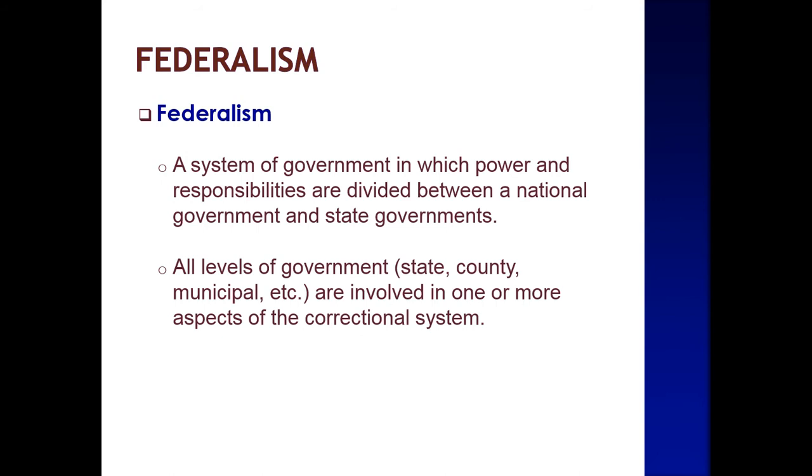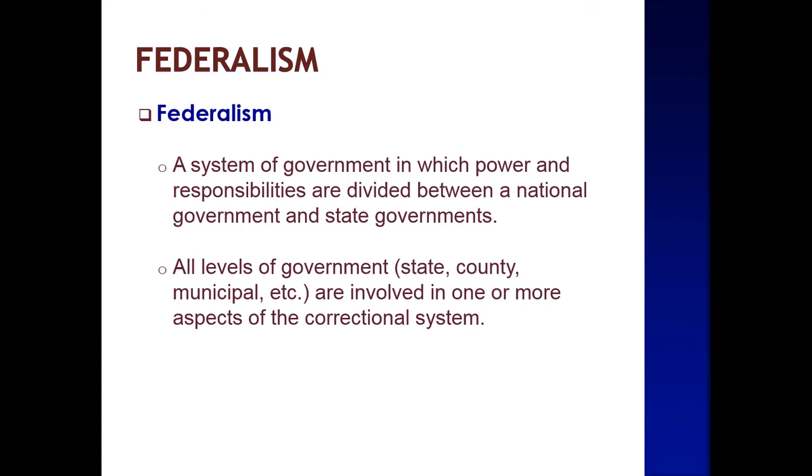Also understand that every state has a state system of corrections, and then we have a federal system of corrections. And this is what we call federalism. That's when the power and responsibilities are divided between the federal government and state governments.